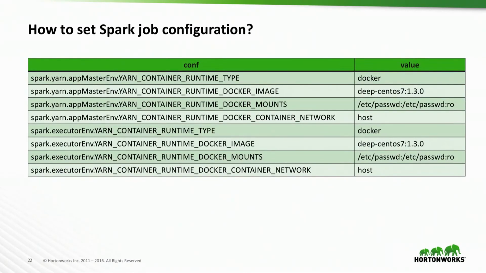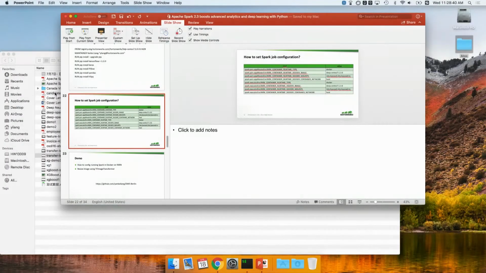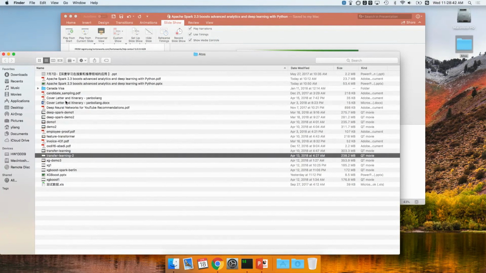These other ones you usually don't need to change, because they map the host password to your Docker image password, so there will be some authorization issues if you don't configure them properly. For a starter case, you just change this for your own Docker. Okay, let's show a demo.